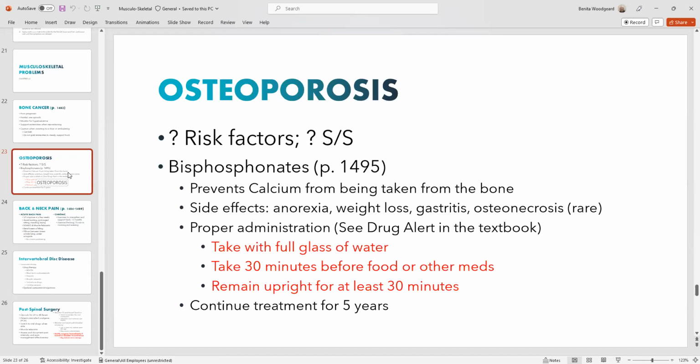Alcohol use, steroids, some diuretics can contribute to osteoporosis. Long-term daily anti-diuretics and anti-seizure medication can all contribute to the development of osteoporosis.